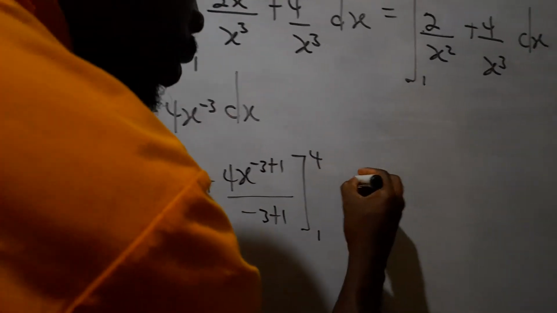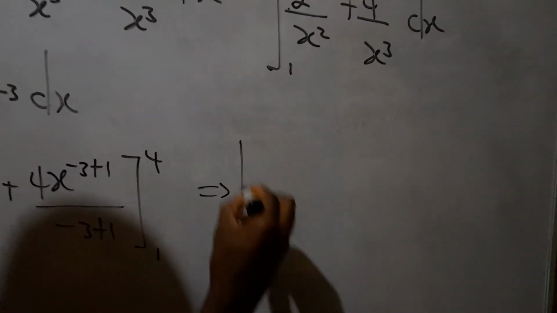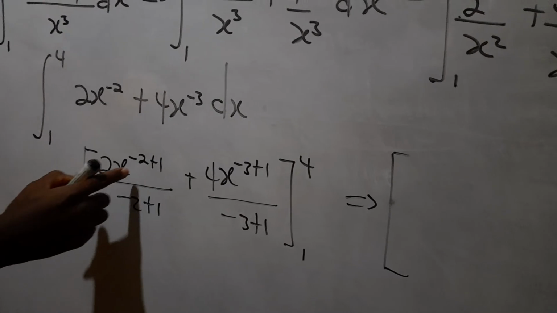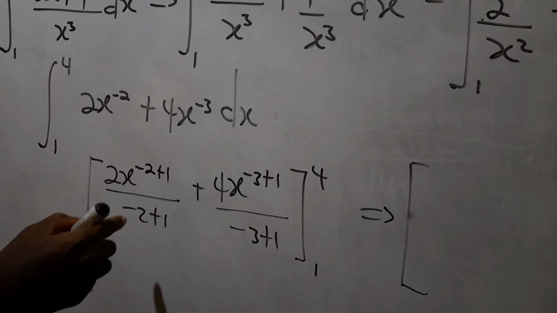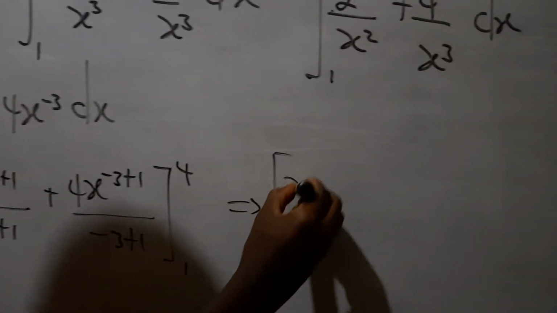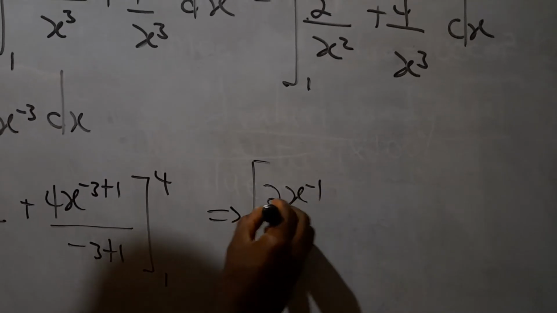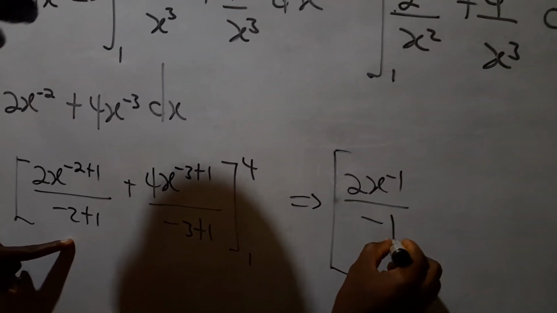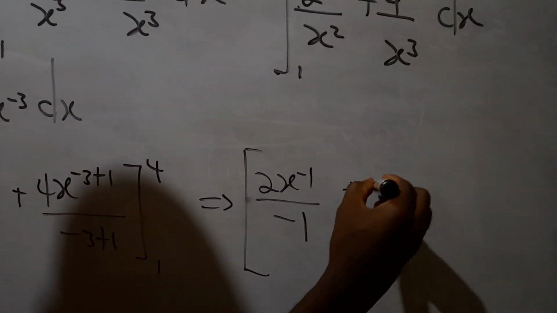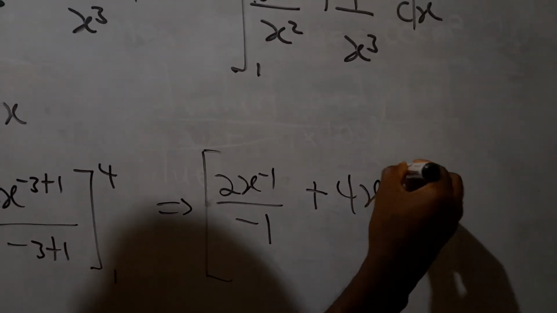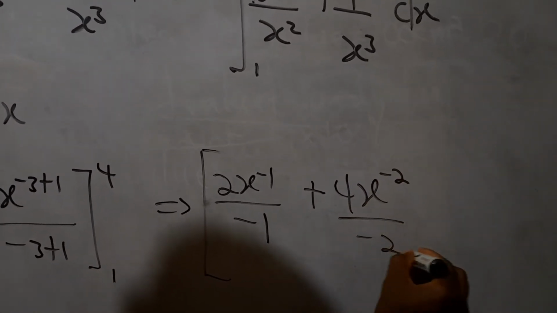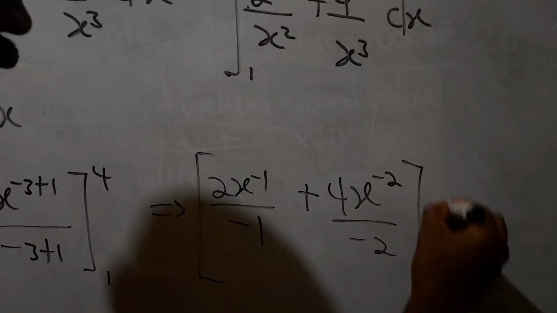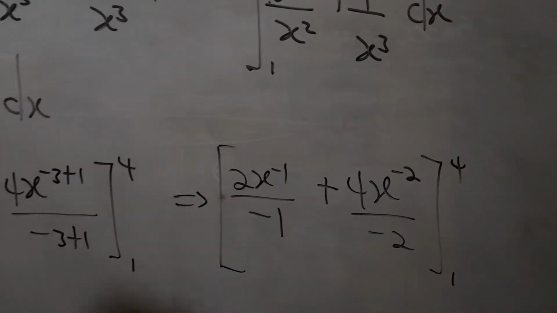So we'll compute this further. What do we have? Negative 2 plus 1 will be negative 1. So we have 2x exponent negative 1 over negative 1 plus 4x exponent negative 2 over negative 2, spanning from 1 to 4.